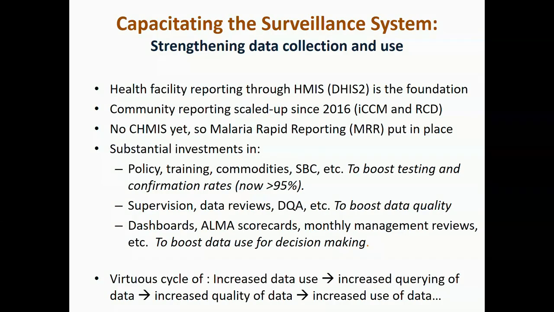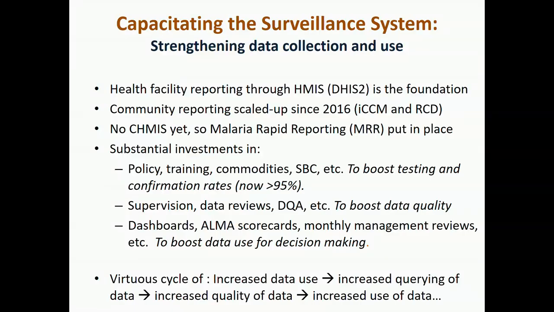In Zambia, we have a health management information system that is available throughout the country. It reports from the health facility level all the way up to the central level, where cases are reported with regard to malaria. We have been in the process of expanding what we call a malaria rapid reporting system, which is both community-based as well as health facility-based.